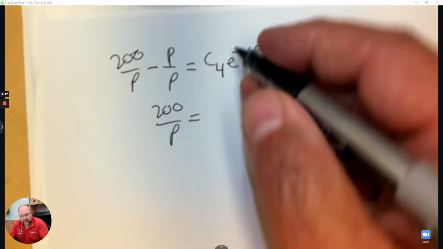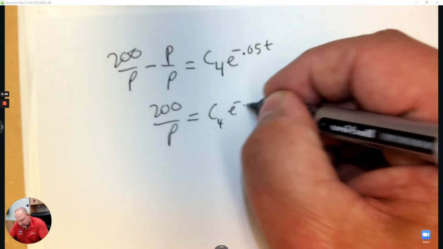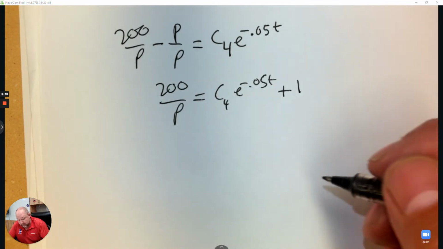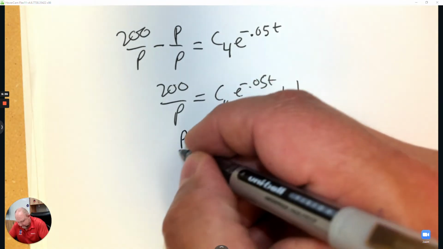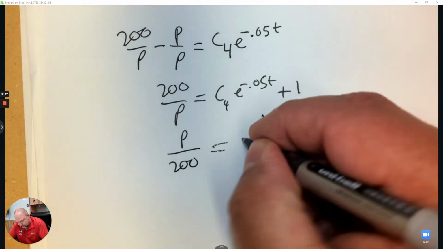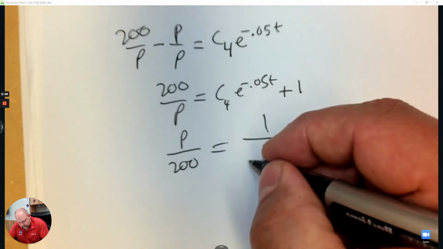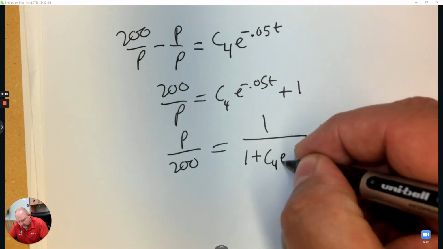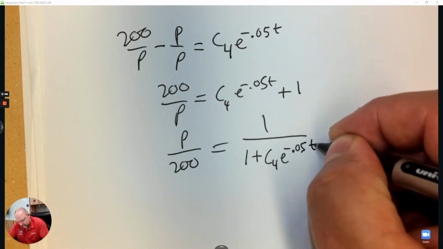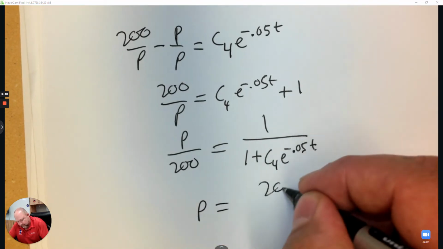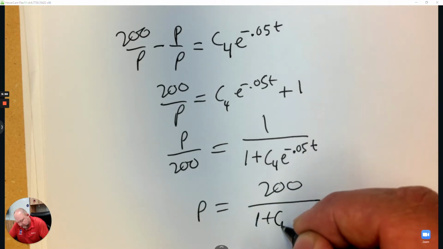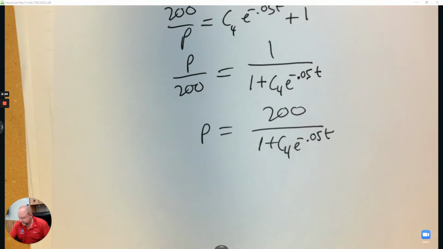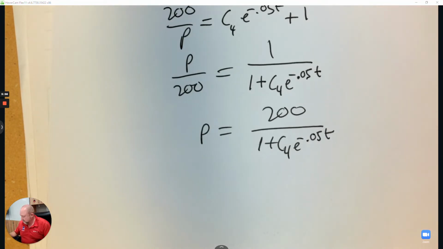This is negative 1, so I'm going to add that to the other side. Then I'm going to do the reciprocal again. Usually the 1 comes first, then the constant. And then the last step is to multiply by 200. And you did it.